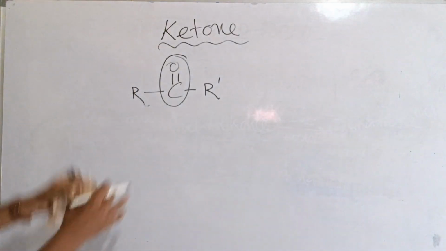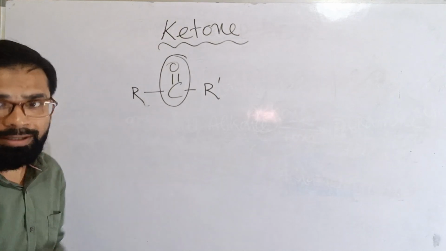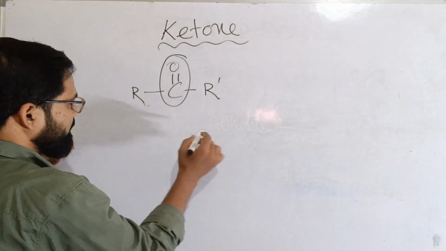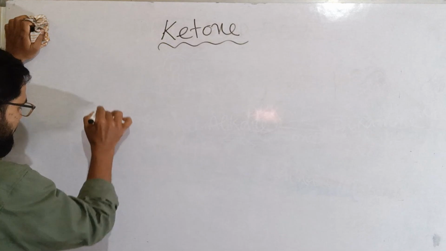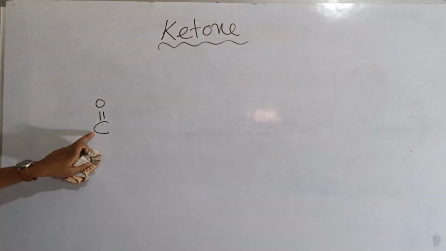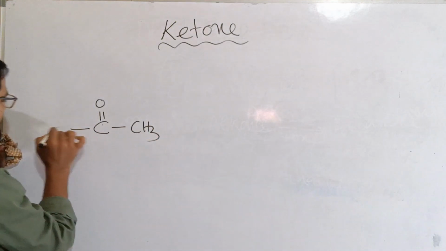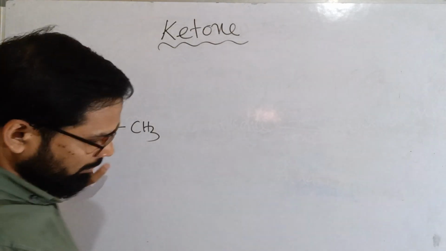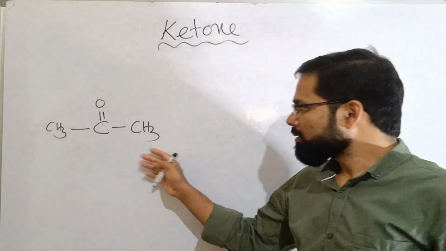But here, what will be the simplest ketone? It means the lowest number of carbons that can have the ketone. So we have to satisfy this condition. C, single carbon, here another CH3, so this will be the simplest ketone, with a third carbon.